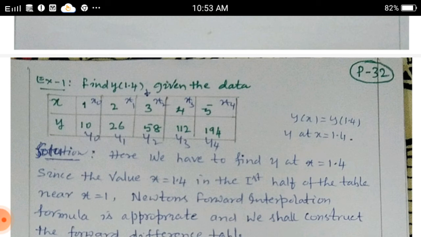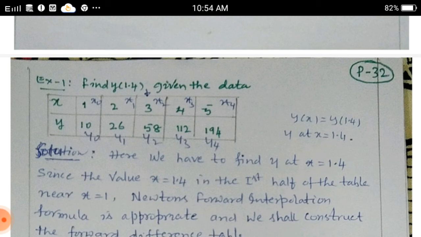You observe this 1.4 is between 1 and 2, where it is close to 1. So it is in the first half of the table. For 1, 2, 3, 4, 5, we divide and get exactly 3. So the value of x between 1 and 2.99 is in the first half, and the suitable formula is Newton's forward interpolation formula.